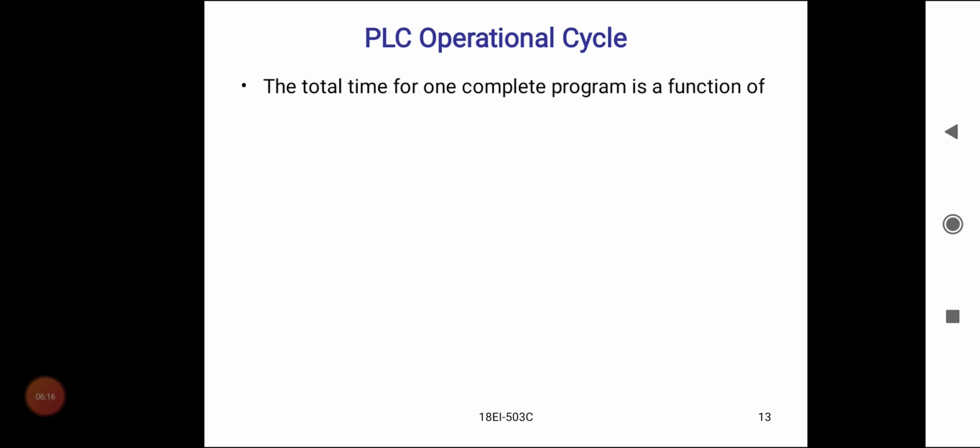PLC operation cycle: the total time for one complete program scan is a function of processor speed and length of the user program.